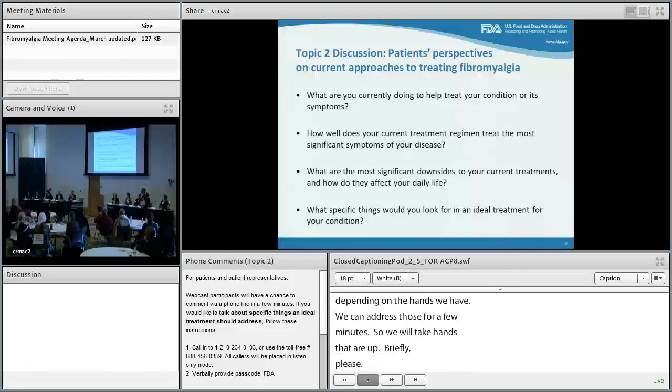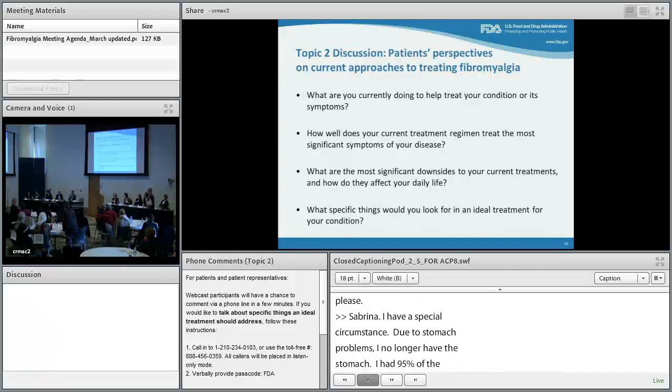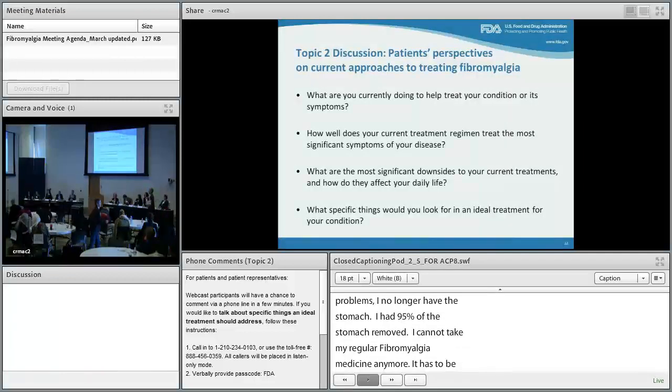I have a special circumstance. Due to stomach problems, I no longer have a stomach. I had 95% of my stomach removed. So I can't take my regular fibromyalgia medicine anymore. It has to be either dissolvable, chewable, or in liquid form.